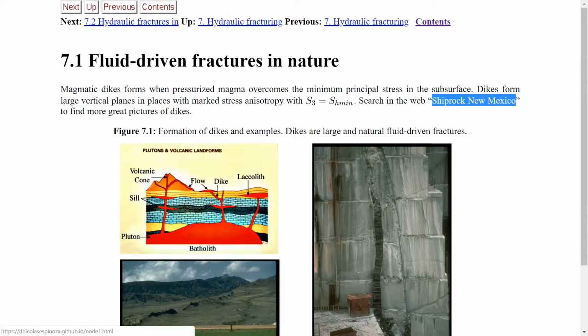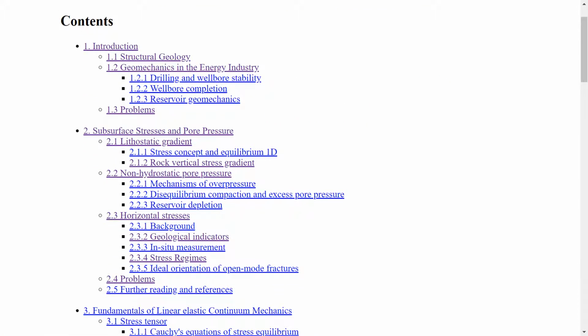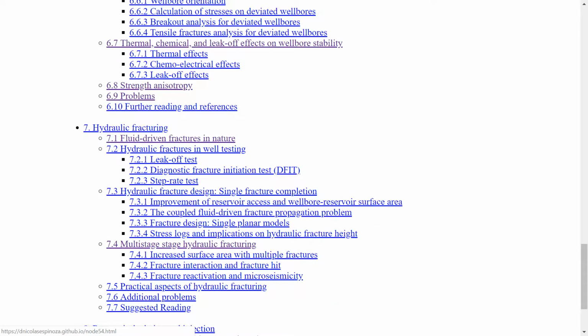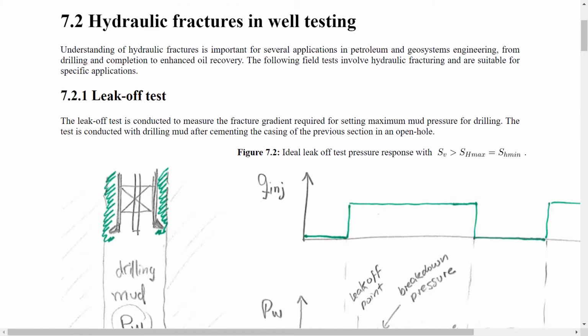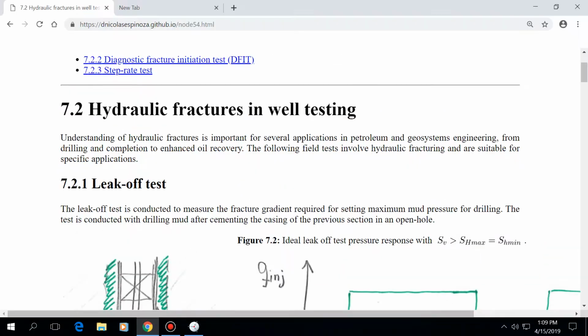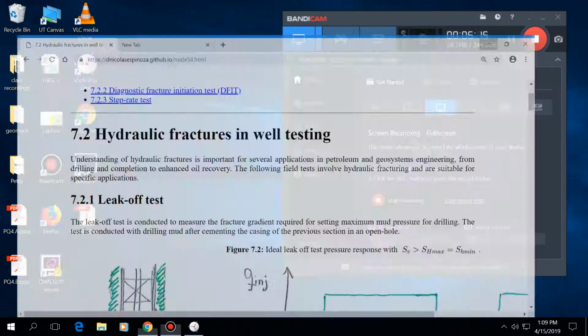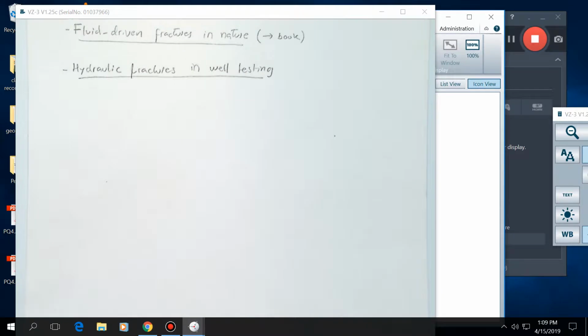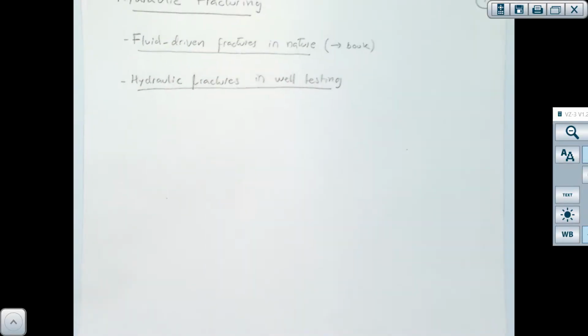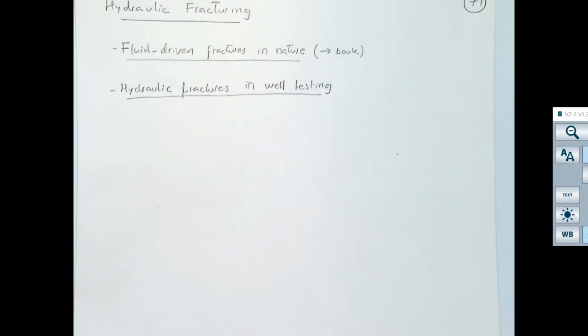Okay, so let's move now to hydraulic fractures that we do for well testing. And for those, there are going to be 3 types. So today we'll try to cover the first 3 types. We already know hydraulic fracture tests are useful for letting us know the minimum principal stress.